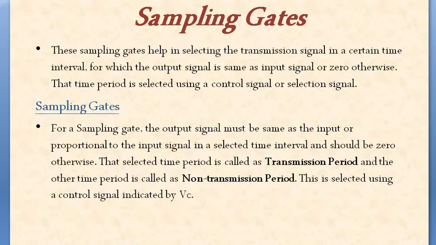That particular time is called the transmission period. The time when no signal is going to the receiver is called the non-transmission period, and the control signal is given by VC. This was about sampling gates.